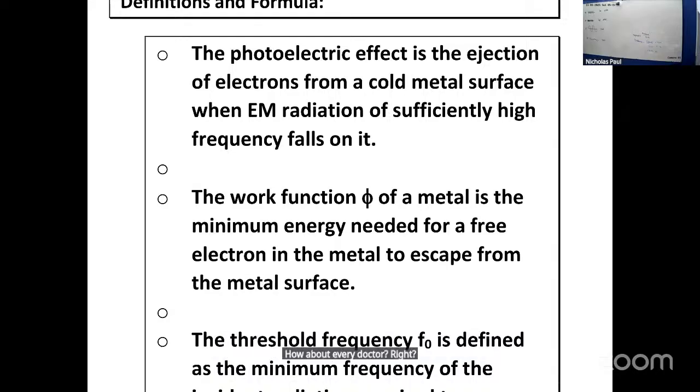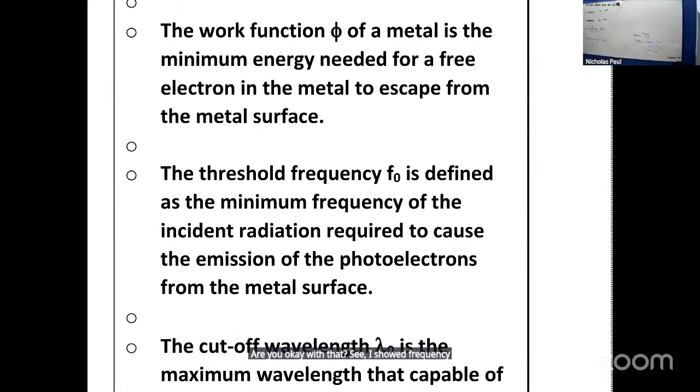The work function of a metal is the minimum energy needed for a free electron in the metal to escape. Are you okay with the definition? Work function is the minimum energy needed for the electron to leave.